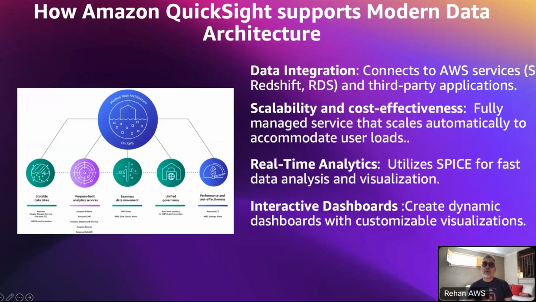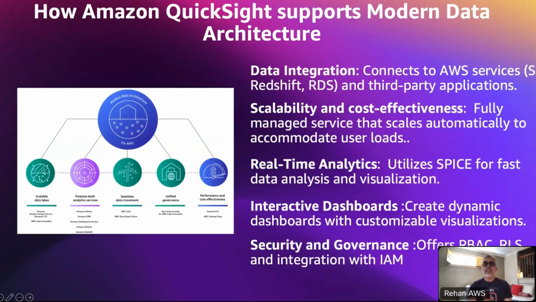So what we are doing is democratizing the use of QuickSight, which means they don't have to go to an expert in QuickSight if they're looking to create some insights from the data by way of dashboards. The next is security and governance. QuickSight offers role-based access control, row-level security, and integration with IAM, which is Identity and Access Management, supporting data governance requirements within the modern data architecture.